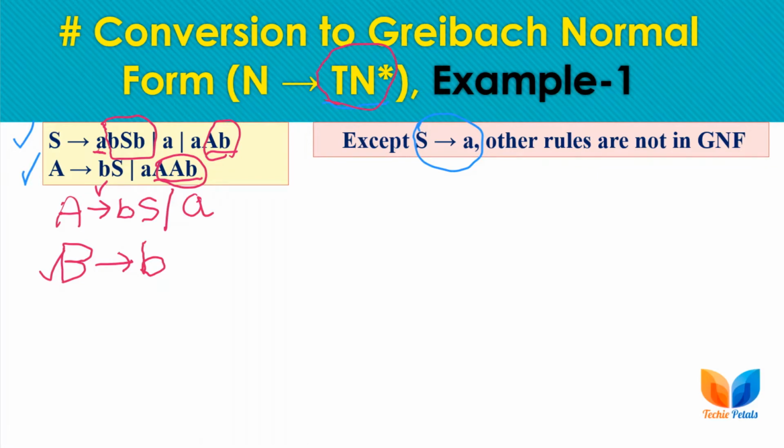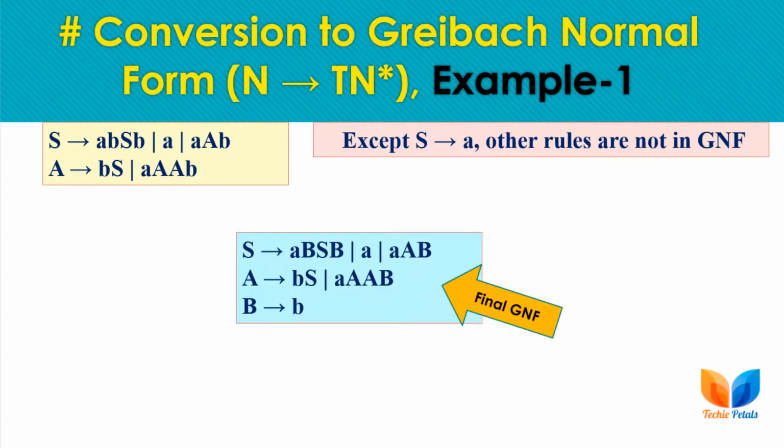This approach is exactly similar to the CNF conversion process. So here is the resulting grammar. We have introduced a new non-terminal B that is responsible for deriving b, and at all other places we have just replaced the terminal b with the capital B or the variable B. So all the production rules are now in the GNF form, and the grammar is converted to GNF form.